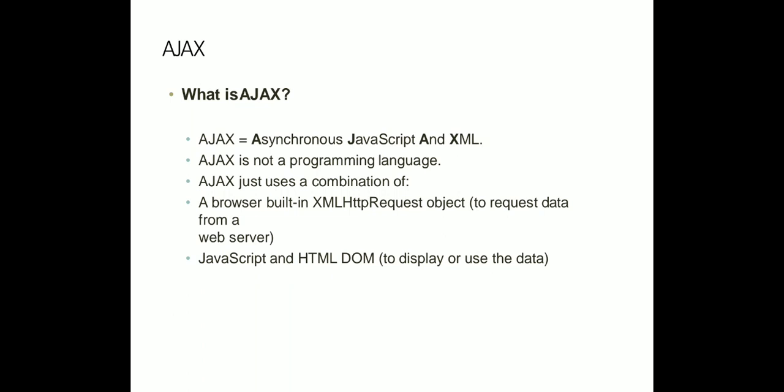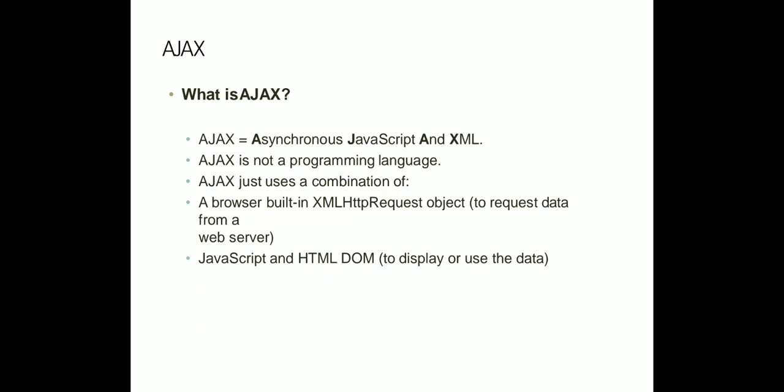Here the XMLHttpRequest object is used to request data from a web server, JavaScript for scripting, and HTML DOM to display or use the data. So this is the combination which makes Ajax.